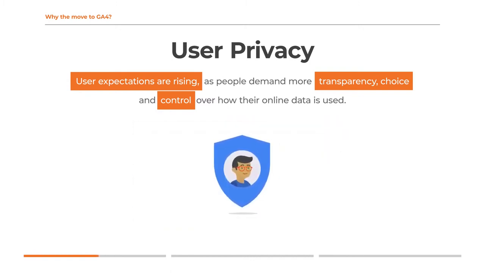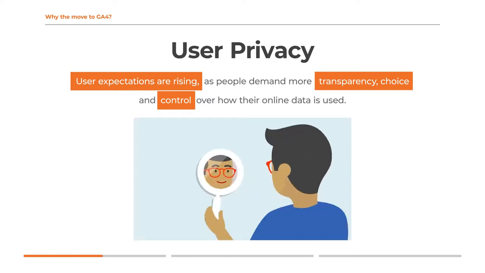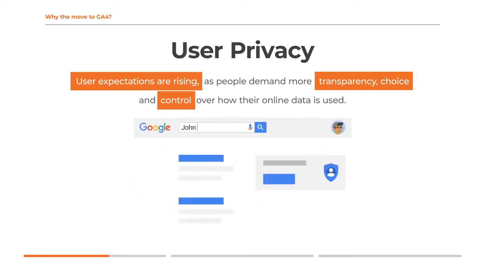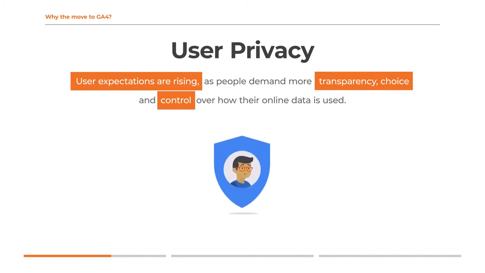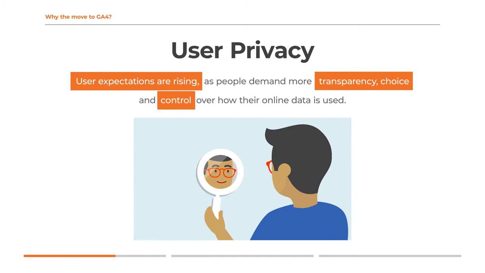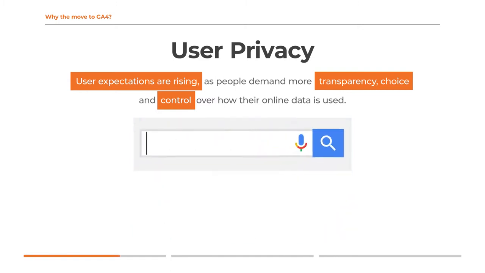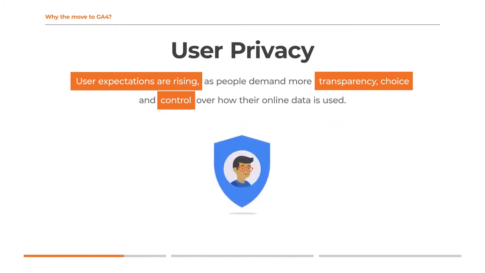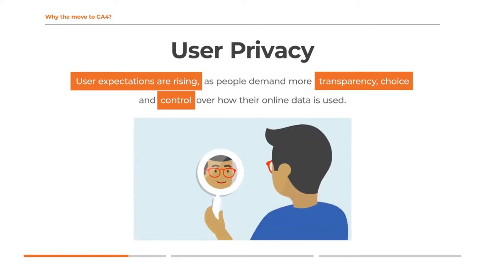User privacy has been a thorn and a topic of debate for a while now, with the introduction of GDPR, CCPA, POPI Act. So essentially, all these are to safeguard the users' interests, to make sure that we don't take users' personally identifiable information and share it on the web. So that's one of the reasons why Google also had to move to GA4, because it helps with privacy.